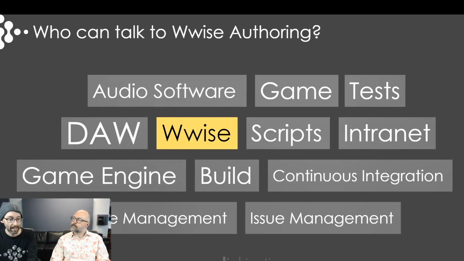Yeah, because WAAPI allows programs to import content in your project. So importing WAV files. You may already know about the tab delimited import in Wwise. So WAAPI extends this feature to programmers.